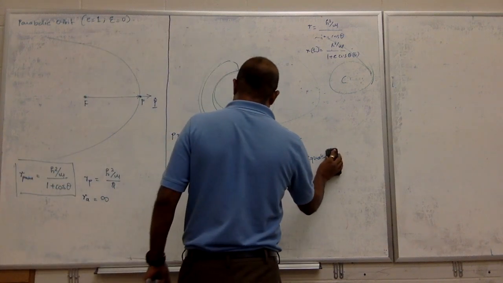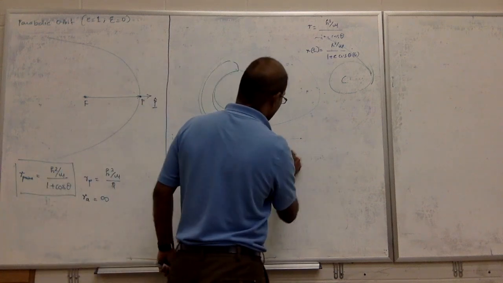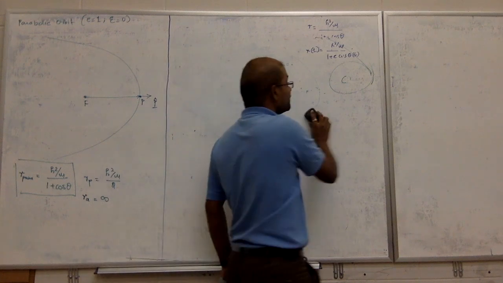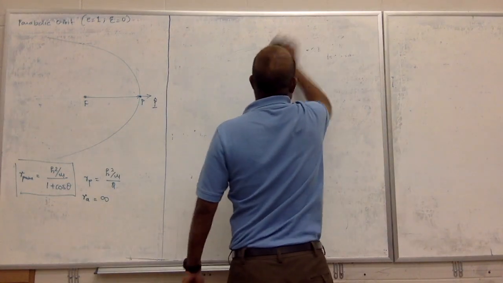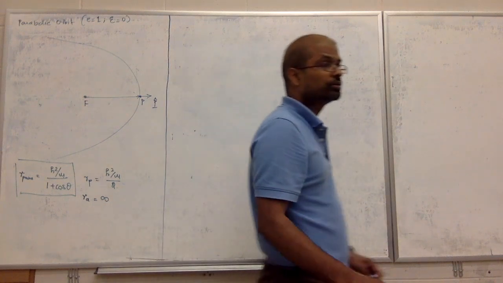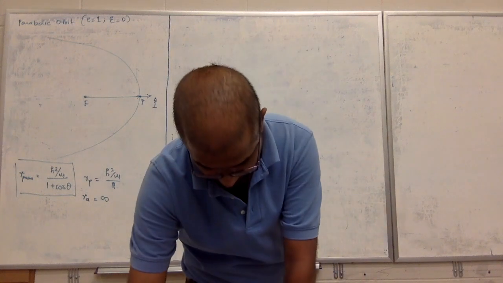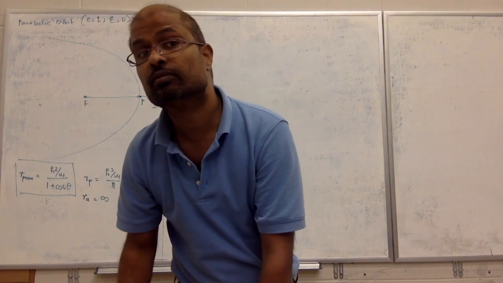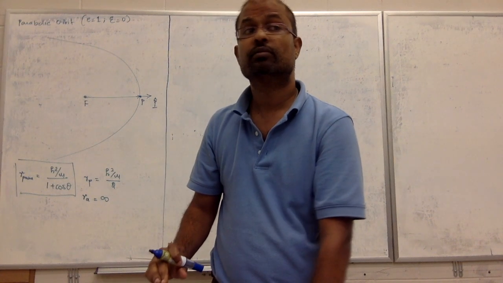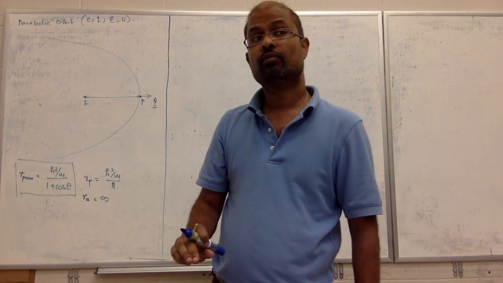So if we plug in e equals 1, how come we didn't do that for circular orbit? Because e is equal to 0 for circular orbit. I know, but I don't just plug it in though. How come we didn't plug it in if we plug it in here? We did. e equals 0? Yeah, we did. I showed you. No, I'm saying, he didn't plug in 0 for e, he plugged in theta. Because if he plugged in e equals 0, then it would just be 1.